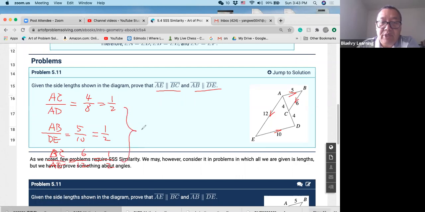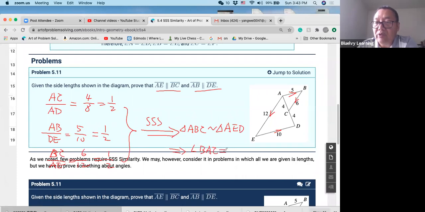So based on side, we got these two triangles, ABC, similar with triangle AED. Then we can get their corresponding angles will be congruent. That means we can get angle BAC will equal angle ADE.